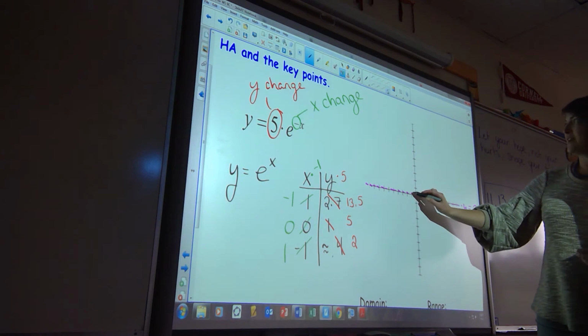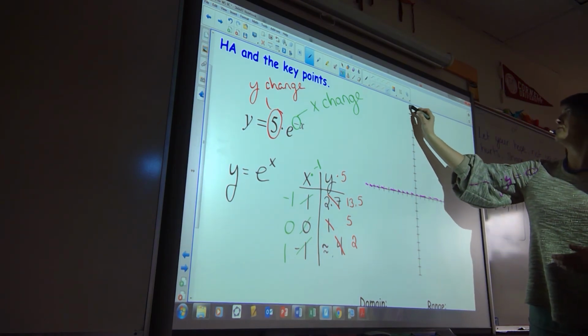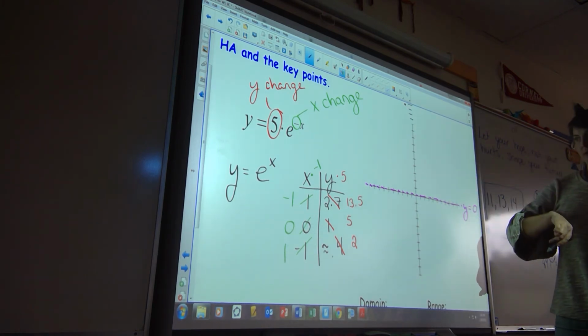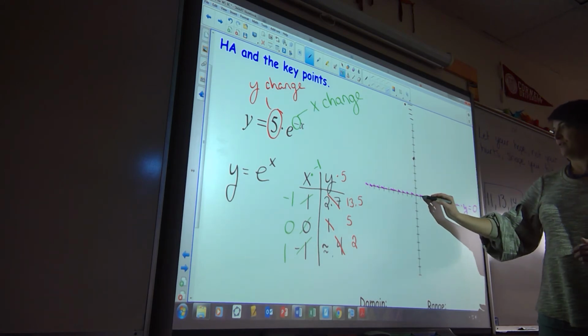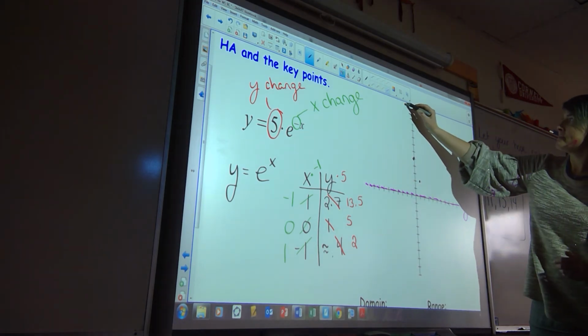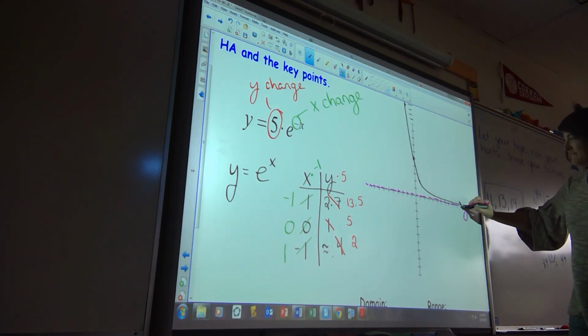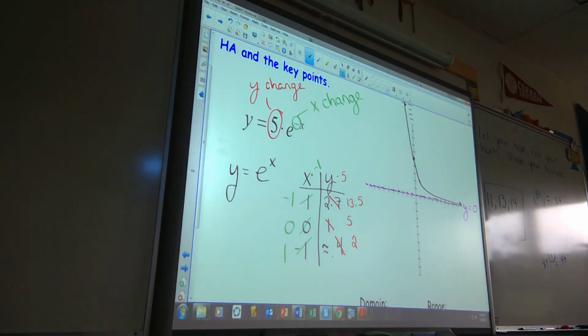I've got the point over negative 1 up 13.5. So there's 11, 12, 13, 14, somewhere up there. Over 0 up 5, 1, 2, 3, 4, 5, and over 1 up 2. And there's our decay equation.